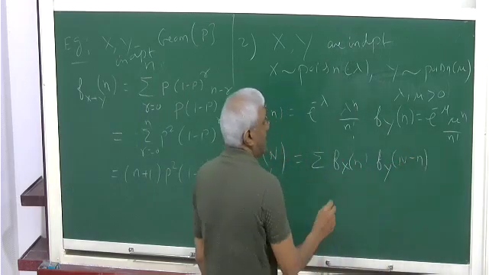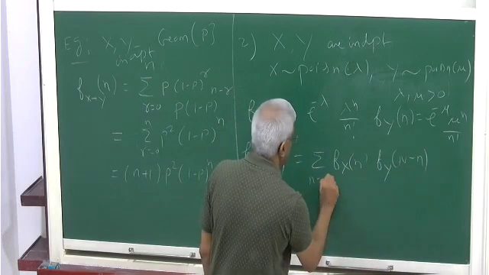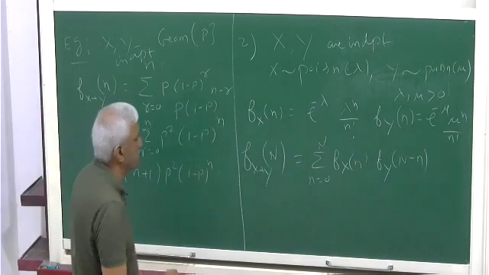The possibility is that it cannot become negative, so n ranges from 0 to N. This number should be positive.